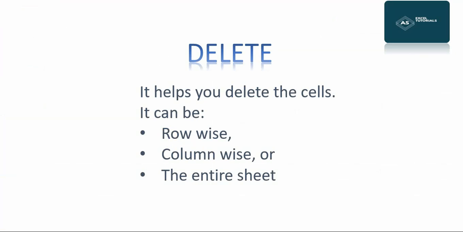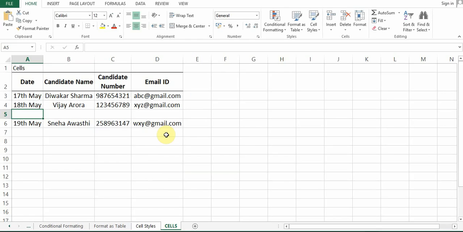Now how does the delete function work? It helps you delete the cells similar to insert. It can also be row wise, column wise or the entire sheet. Now let's say you want to remove this blank space.